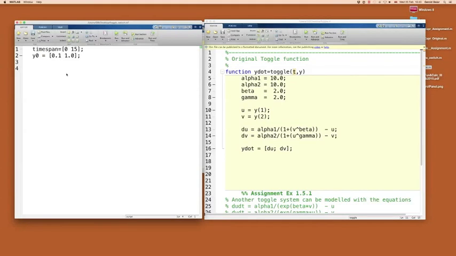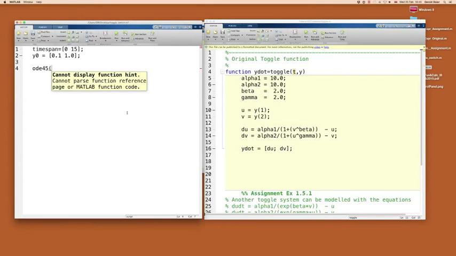Now, how can we run a simulation? I happen to know there's a function called ODE45 that numerically integrates the other function. The syntax is a bit different to anything you've seen before. We call the function ODE45, and then we need to give it a function.